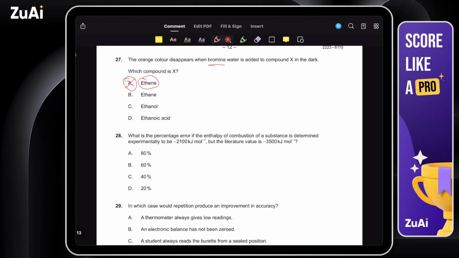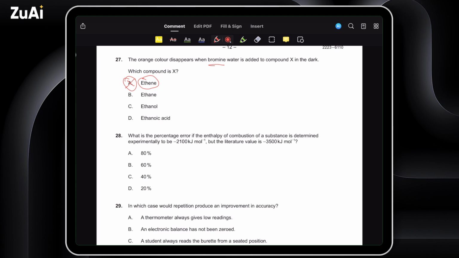What is the percentage error? So we have to find the percentage error.